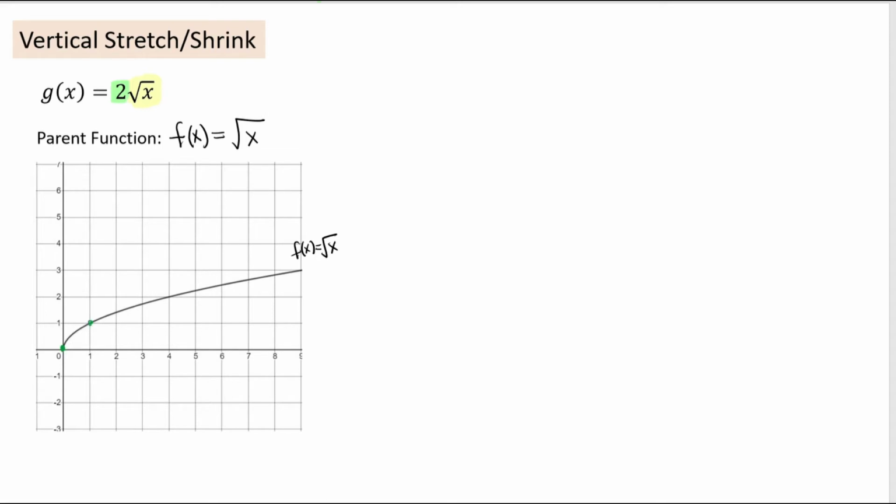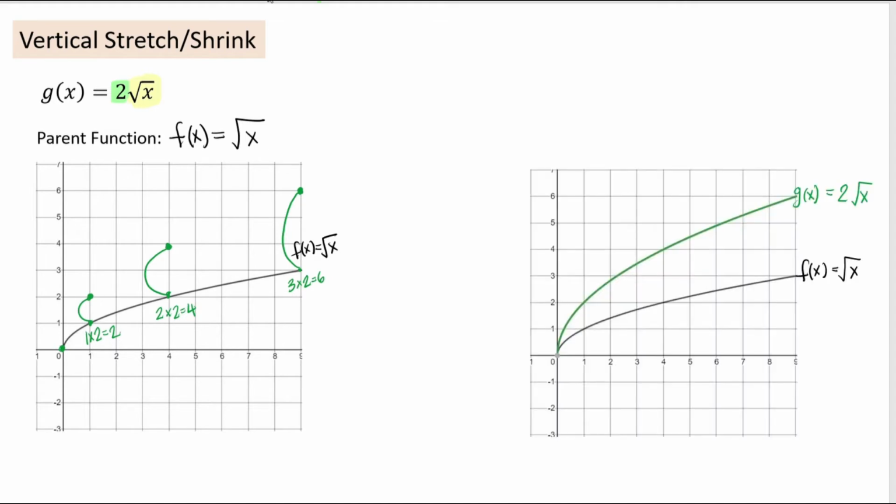At the point (1, 1), the y value 1 becomes 2. And at the point (4, 2), the y value 2 becomes 4, and so on. We get the function g of x is equal to 2 times square root of x.